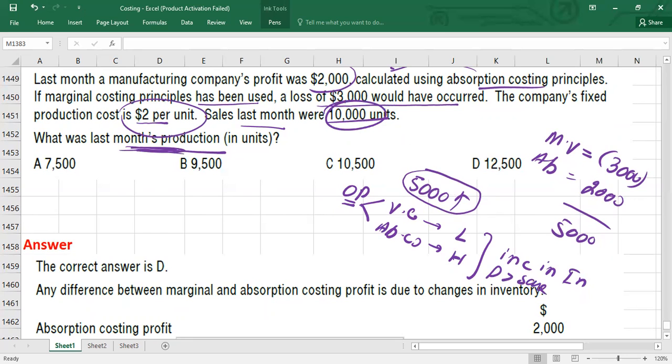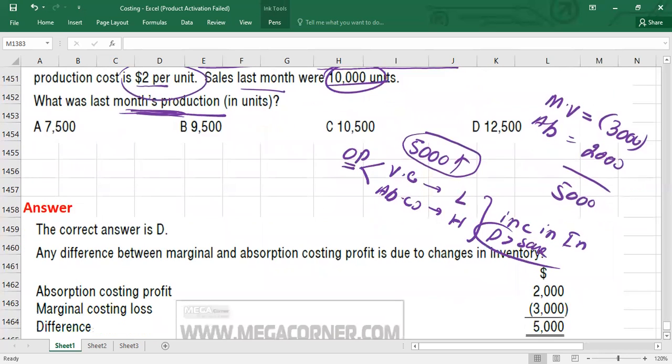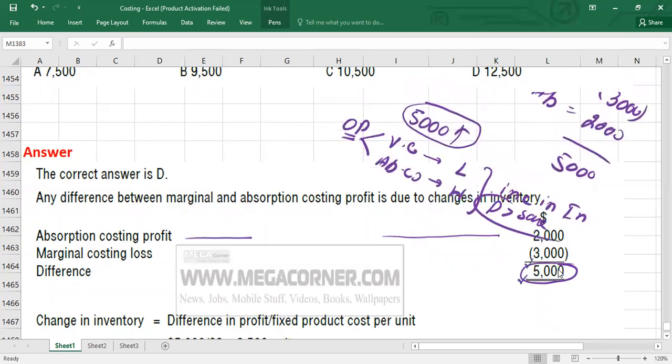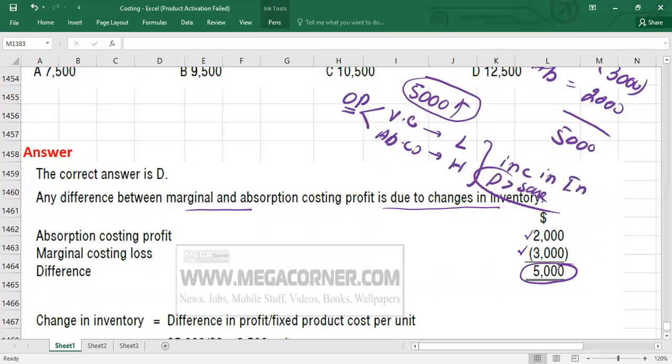So production is greater than sales. Now don't forget, production is greater than sales. How will you calculate it, guys? Any difference between the marginal and absorption costing profit is due to change in inventory. Here absorption costing profit is 2,000 and marginal costing loss is 3,000, so the difference is 5,000. Absorption costing is higher by 5,000 than variable costing.